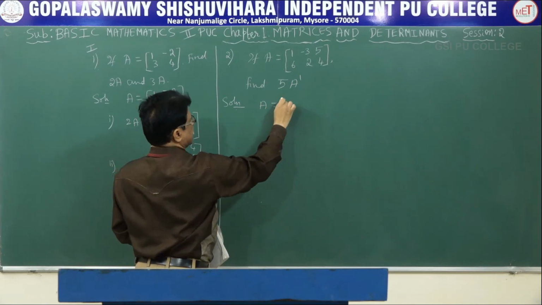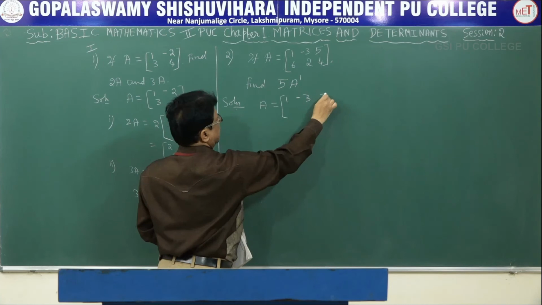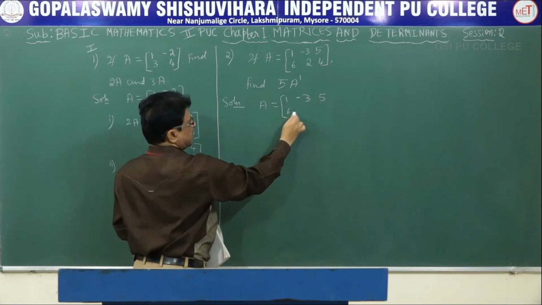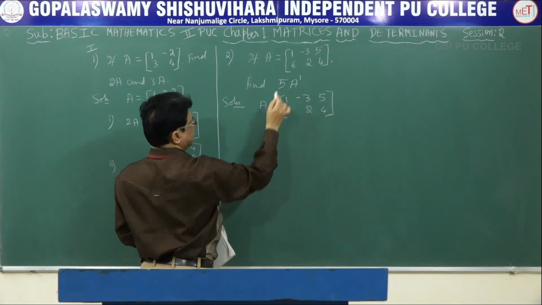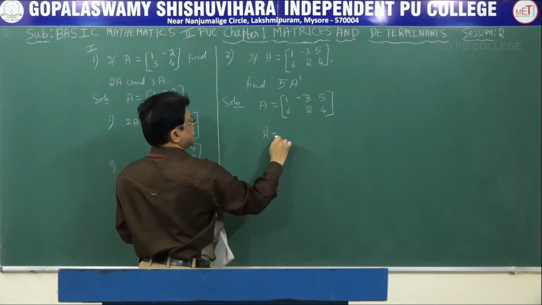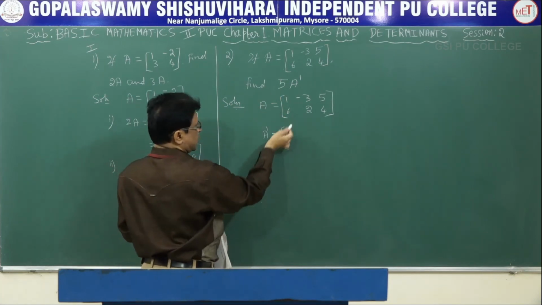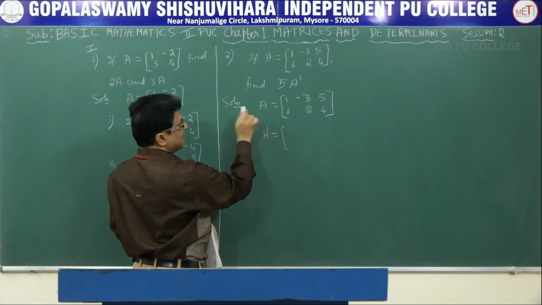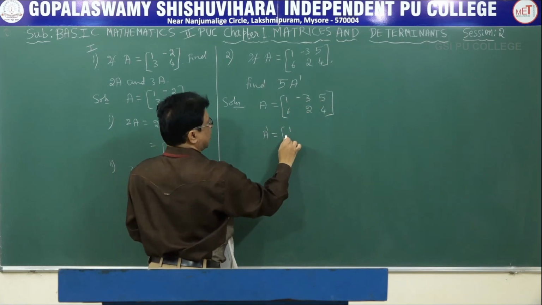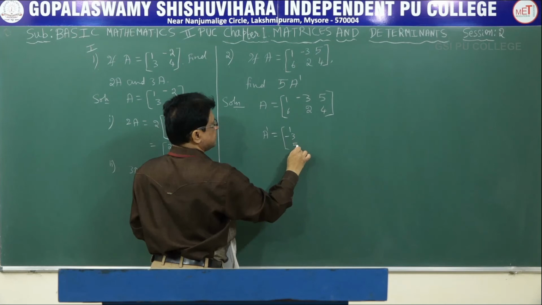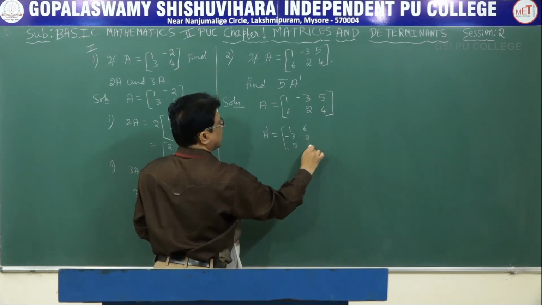The given matrix is A equals 1, minus 3, 5, 6, 2, 4. First we shall find A dash. So A dash is nothing but the transpose of the matrix A. So we should transpose the given matrix A. So the first row becomes the first column. The second row becomes second column.